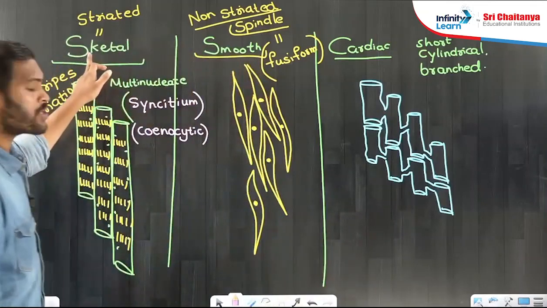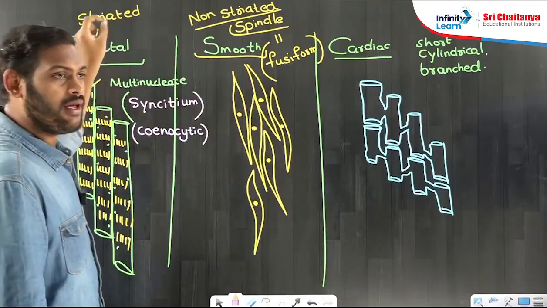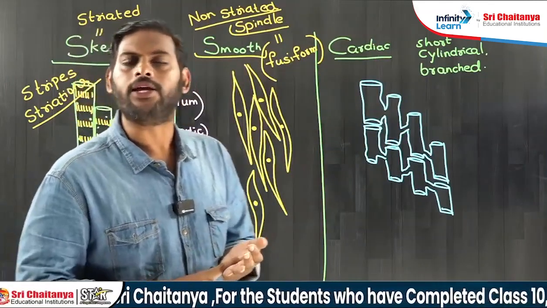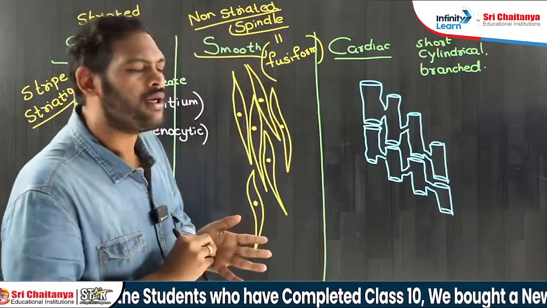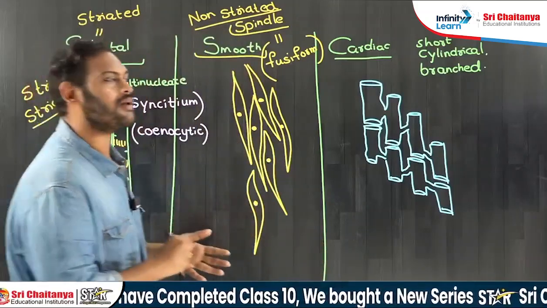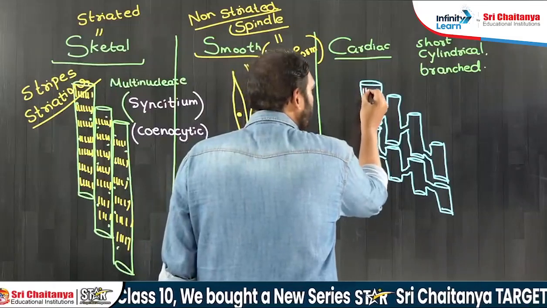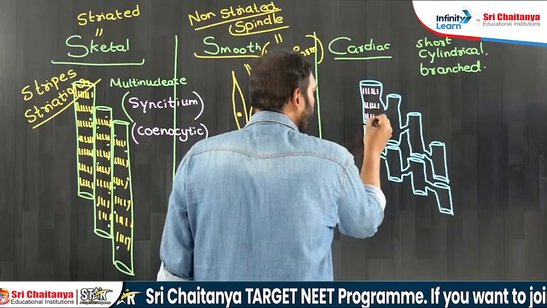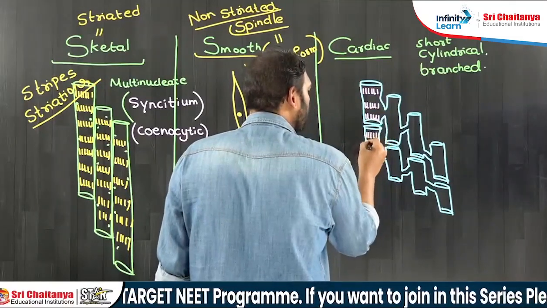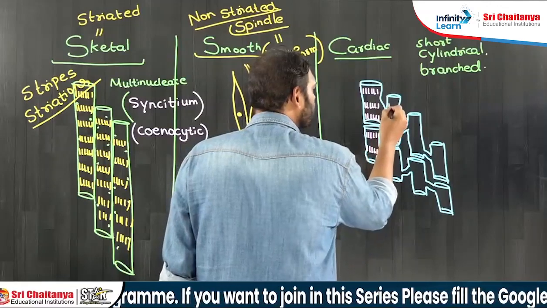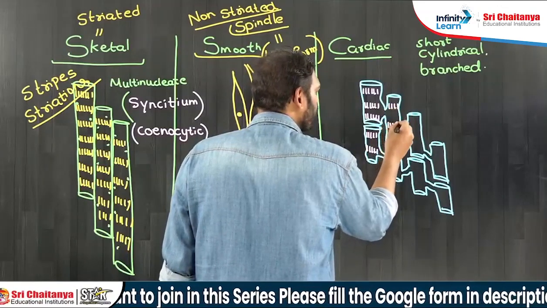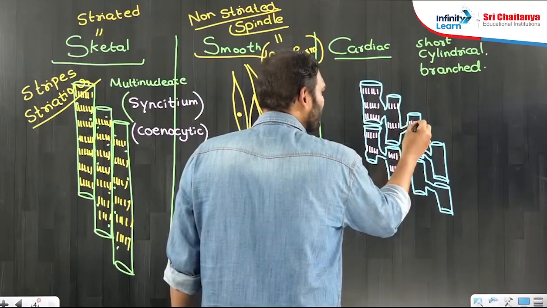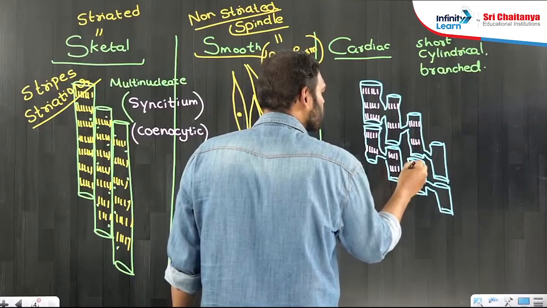And like skeletal muscle, even in cardiac muscle, actin and myosin are arranged in a pattern. Therefore, even inside cardiac muscle, we can see striations like this. Cardiac muscle also exhibits striations. Therefore, we can say that cardiac muscle is also striped muscle.